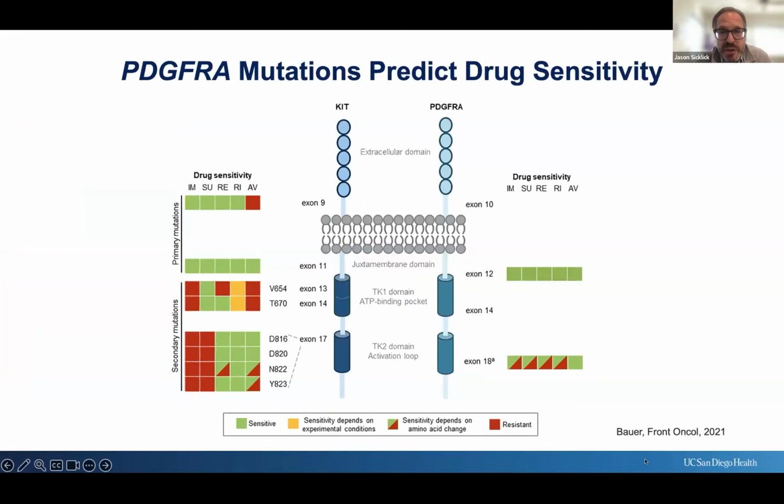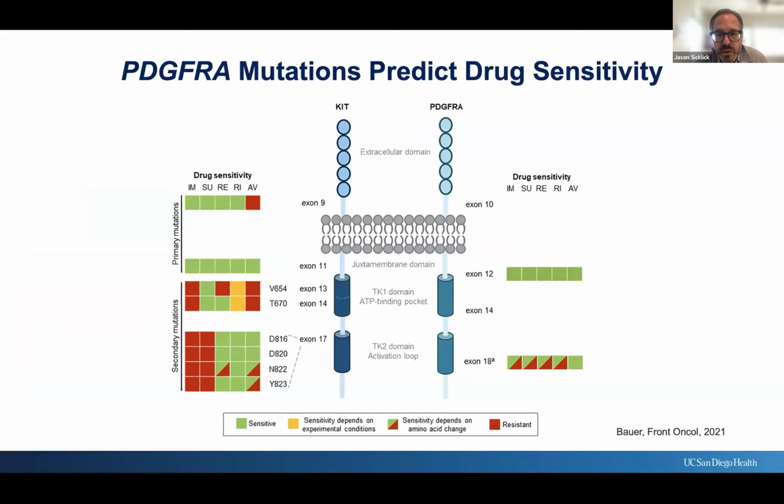And in fact, if you look on the right side there, this is the PDGFR alpha protein, and you can see there the different drugs and the exons regarding the sensitivity and resistance to drugs as well.